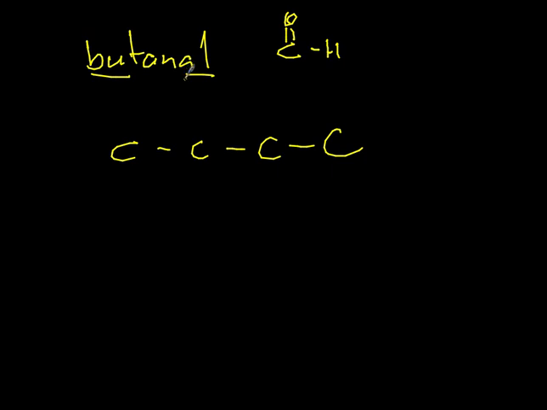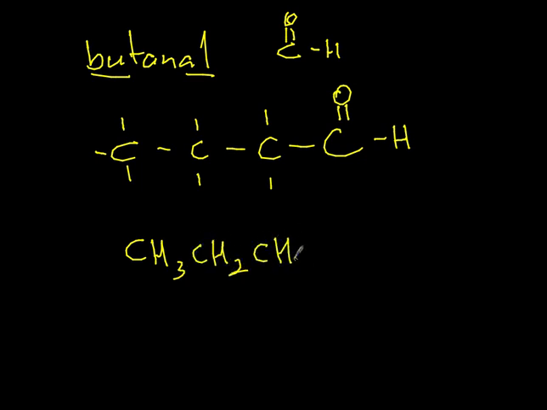They are at the end of the chain. So we're going to put it at the end of the chain, over here. Now you're just going to fill in with the H's for everything else. If you condense this, it would be CH3, CH2, CH2, CHO. That would be your condensed formula for butanal.